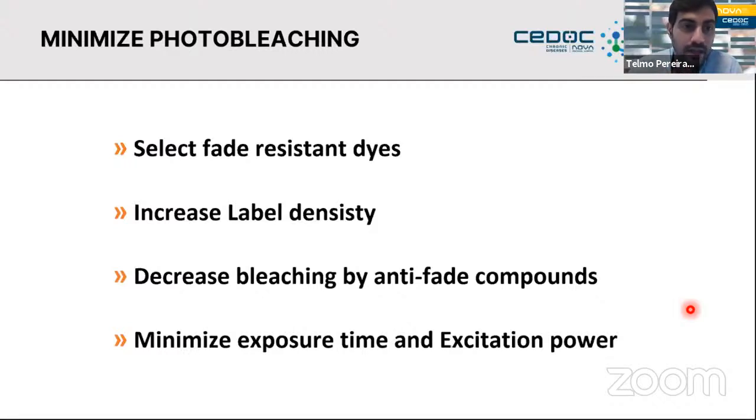Last but not least is to minimize the exposure time and the excitation power that you use. If you reduce the laser intensity or the excitation light intensity, you will reduce the exposure to this high intensity light, and then reduce the phenomenon of photobleaching.